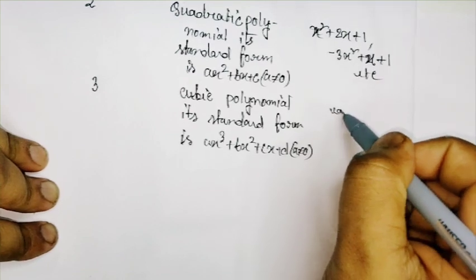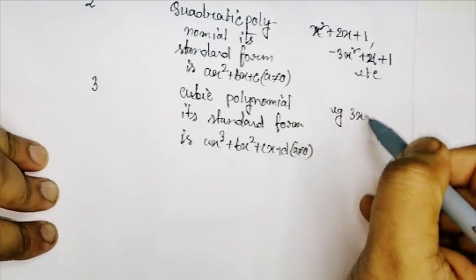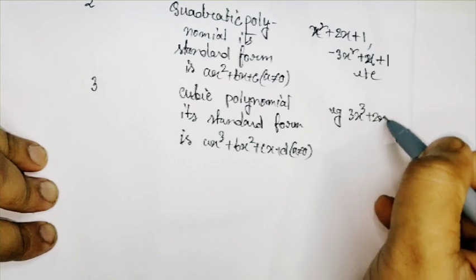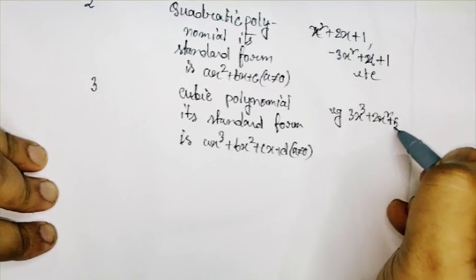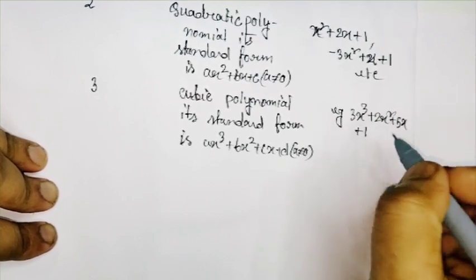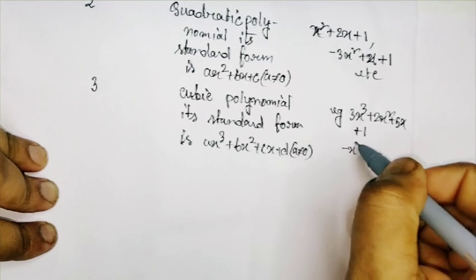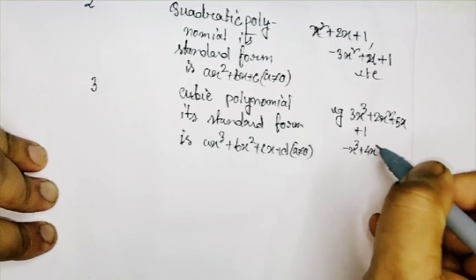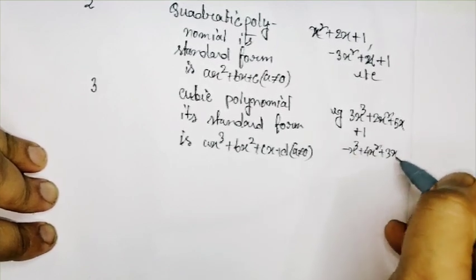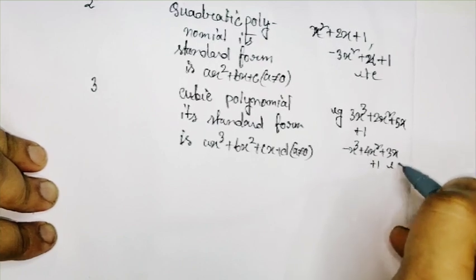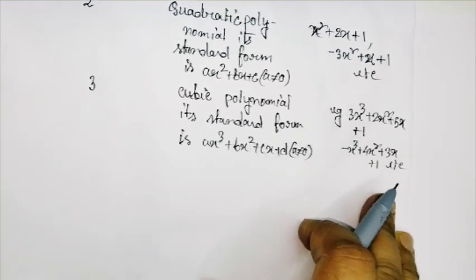For example, 3x cube plus 2x square plus 5x plus 1, again minus x cube plus 4x square plus 3x plus 1, etc.